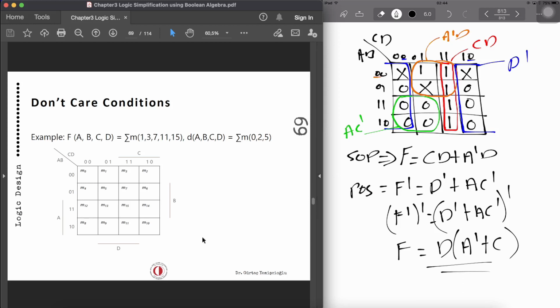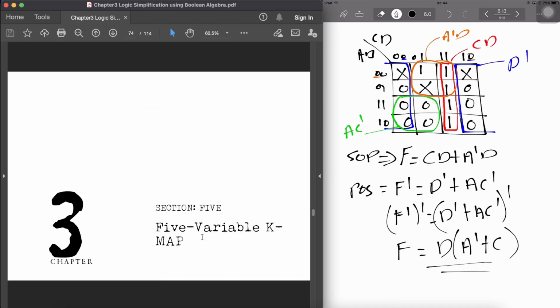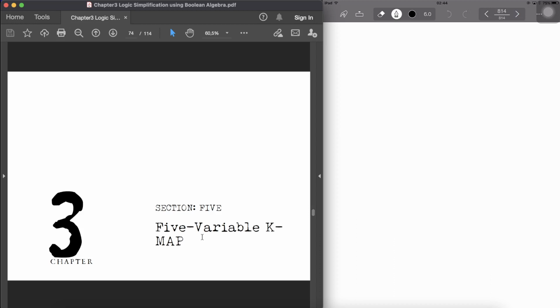Okay, and in this course, the maximum number of variables that you are going to get is a 5-variable K-map. You're not going to see 6, but if you understand 3-variable, 4-variable, and 5-variable, you can actually do a 6-variable one as well, which I don't really ask in the exams or in the homeworks.